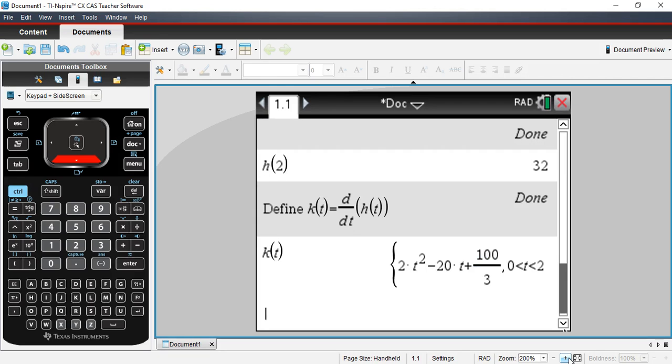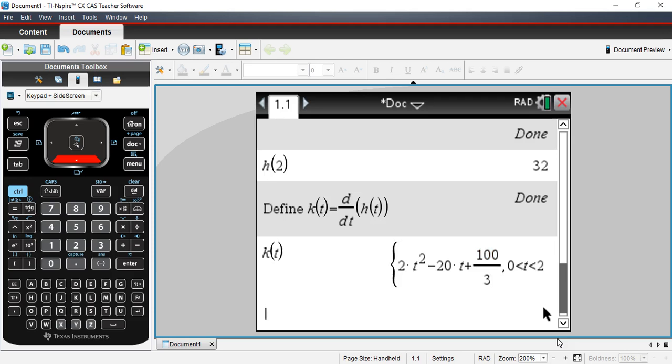Still working on that? So, have we got the derivative? What is the domain of the derivative here?